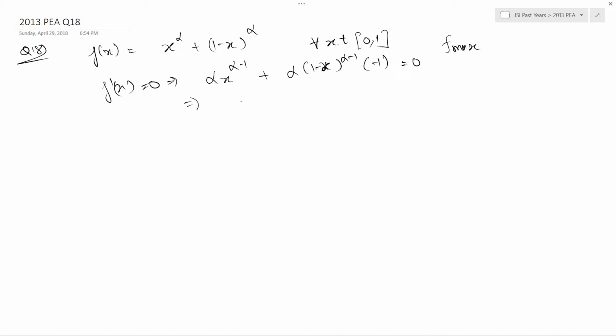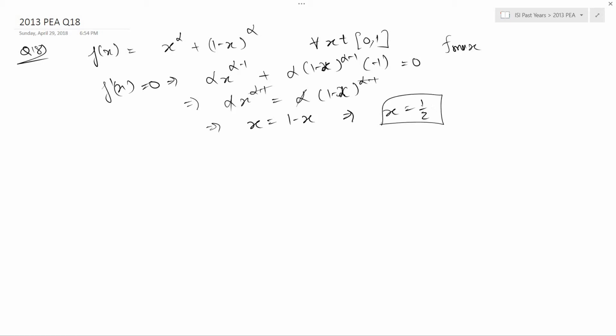This implies alpha x to the power alpha minus 1 is equal to alpha into (1 minus x) to the power alpha minus 1. So when you do these calculations, you get x is equal to 1 minus x, which implies that x equals 1 by 2.